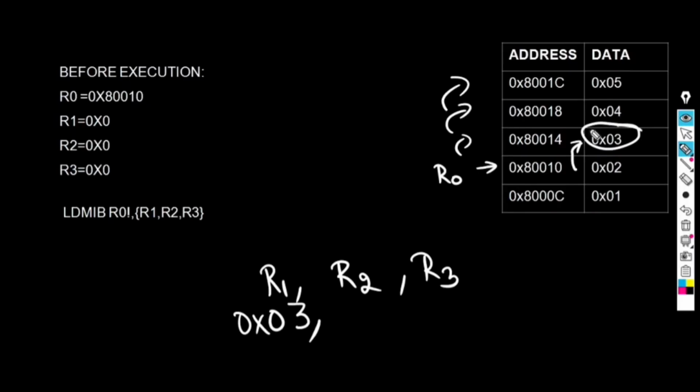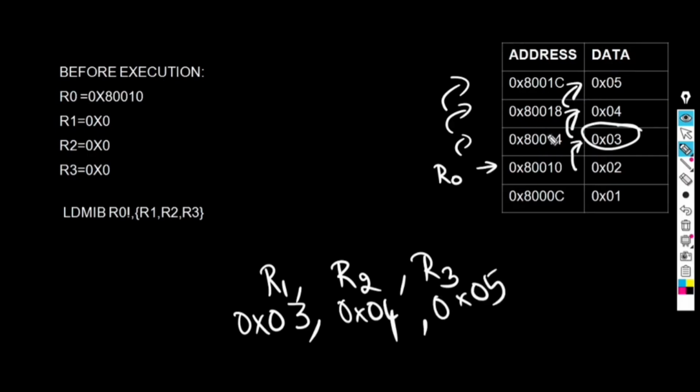Load that data and place it in R1. Next thing remains the same. You are incrementing to the next location and loading the next value, 0x04. Next again you are incrementing and loading this particular data.